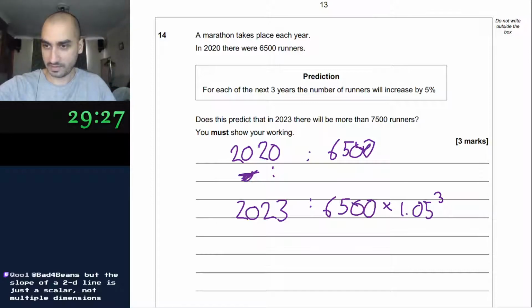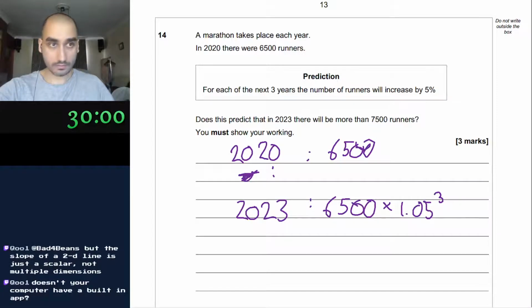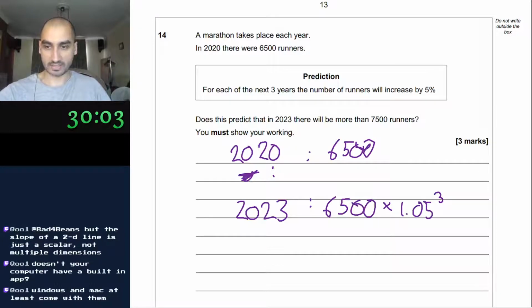Really would be easy if I had a physical calculator here. It doesn't use the same symbols that Google would use, for example. Like I can't use the chevrons. Oh, I see. I have to use this thing. Doesn't your computer have a built-in app? Yeah, it's called Windows Calculator, that's what I'm using. But it doesn't have x to the y. It has x squared. Ah, screw it, I'll just use Google.